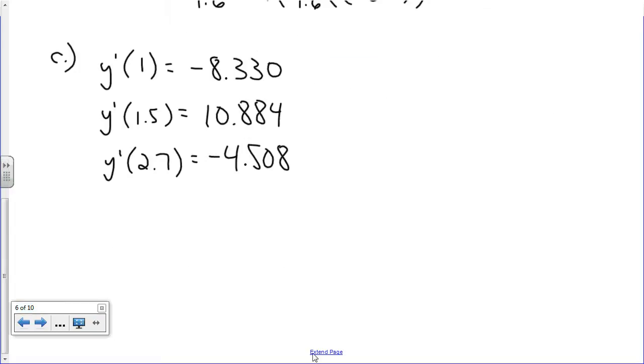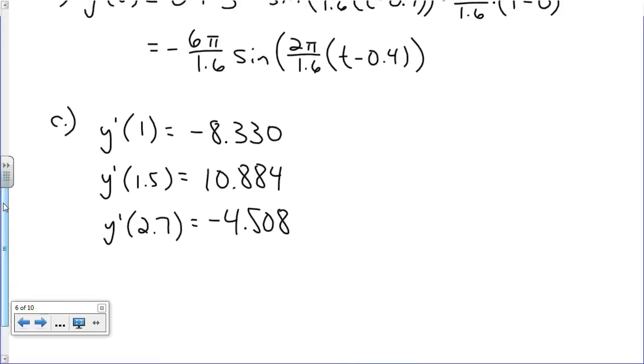All right. Now we should also indicate units for these values. Going back to what they used for units, y was measured in feet from the ceiling, and our time, t, was measured in seconds. So all three of these are measured in feet per second.